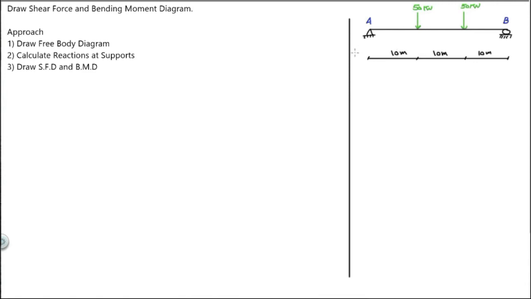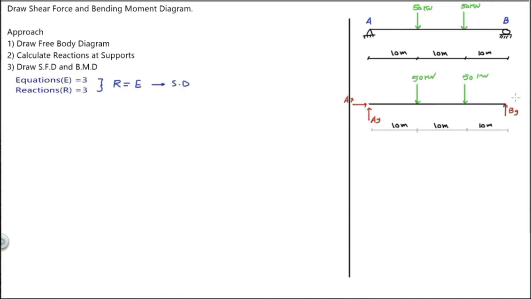First, we draw the free body diagram for this beam. Here we see there are two reactions coming from the pin support and one reaction coming from the roller. Now we need to see if this beam is statically determinate or not. To know that, we count the reactions we have.